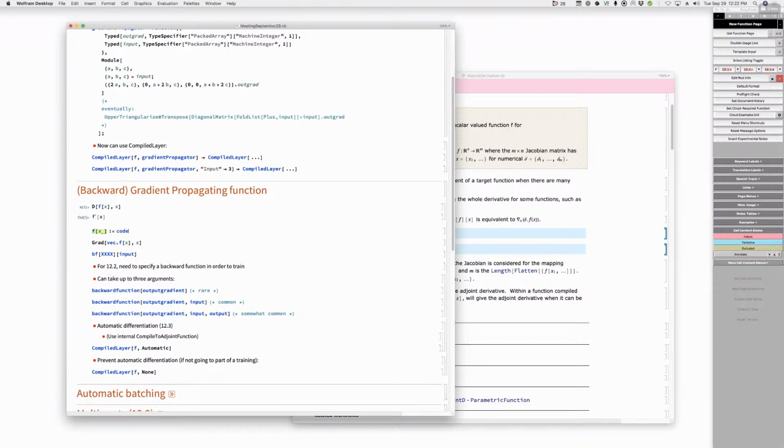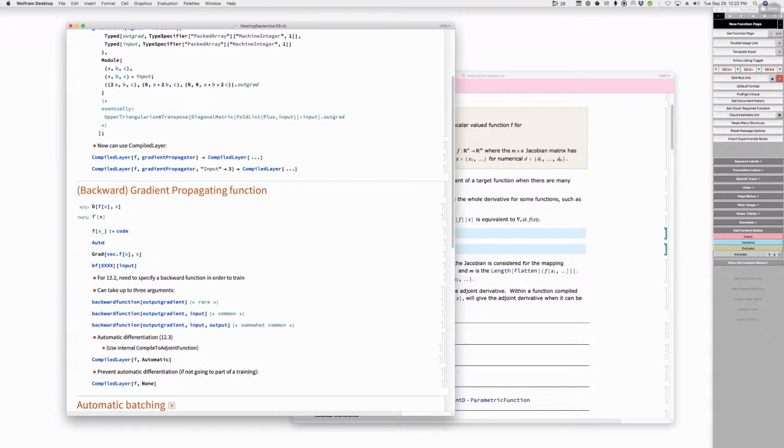Okay, let's keep it much simpler than this. This is a thing that says f of x_ := code, and let's assume the code returns a scalar. So then, in principle, we could ask for the automatic derivative of f. Isn't that just f prime? It is basically f prime.